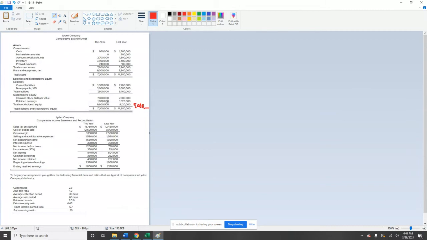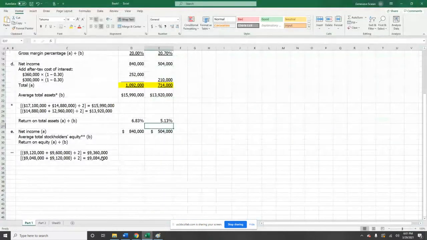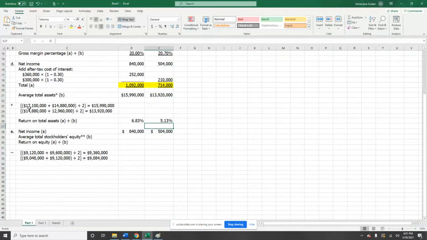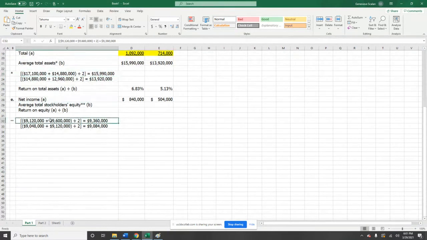So we've got our 3, so we can get this plus this divided by 2, and then this plus this divided by 2. So if you come look over here, I did that. I'm sorry, I did that right here. So this year's ending stockholders' equity was 9,600.